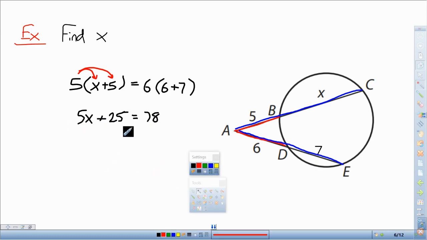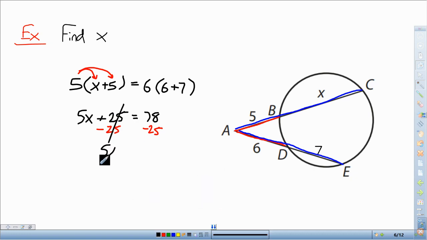Okay, from here, we're going to just start solving for x, right? So first thing, deal with addition or subtraction. I'm going to get rid of 25. So I got 5x equals 78 minus 25 gives me 53. And dividing both sides by 5. Looks like I'm getting x equals 53 divided by 5.